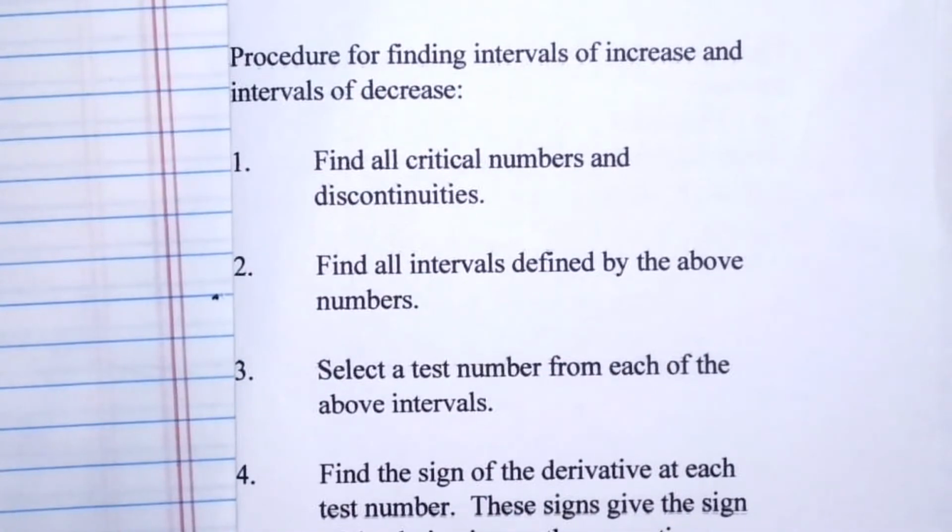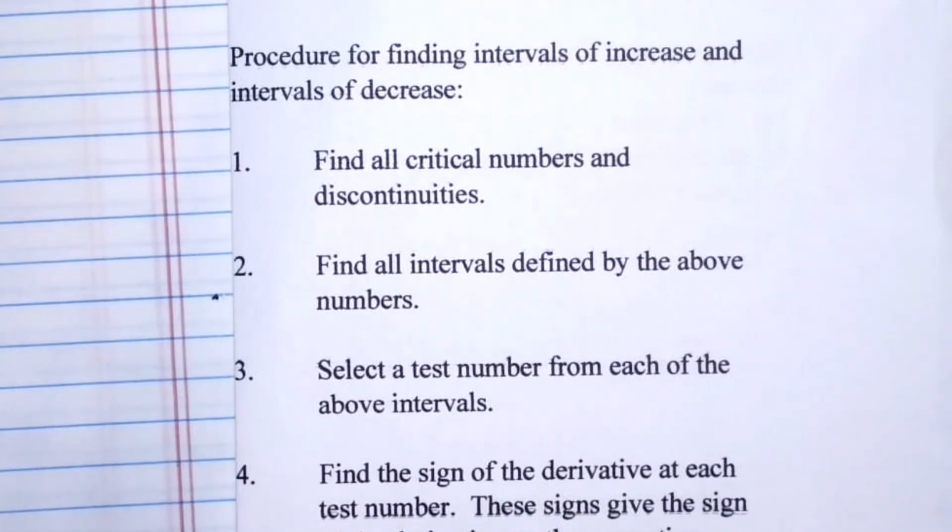So we've discussed the idea behind the first derivative test for extrema. Basically what we're doing is looking to see where the function is increasing, where it's decreasing, and then making judgments about extrema based on that information.